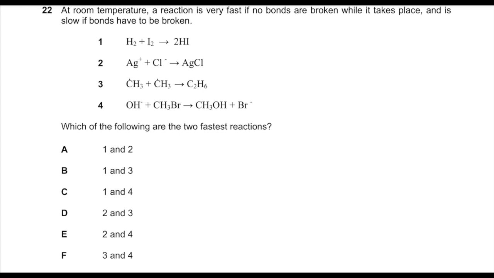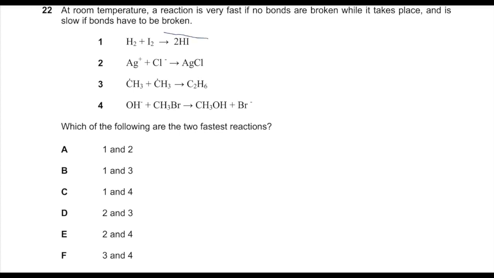So this is using your knowledge of chemistry, in particular higher level GCSE chemistry and a bit of AS chemistry. So, which of these reactions are going to require bond breaking?